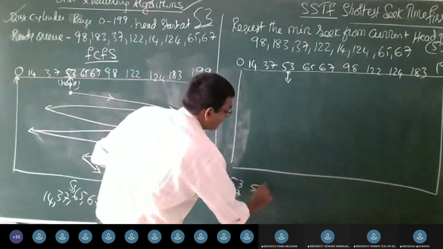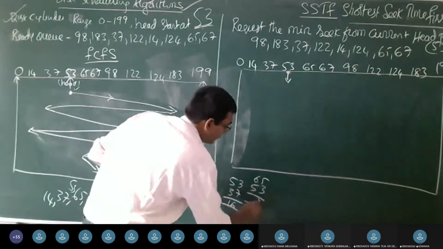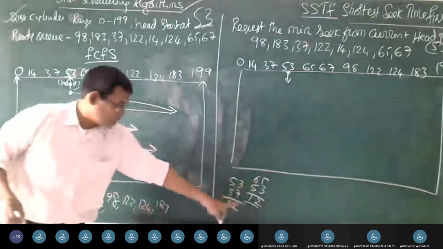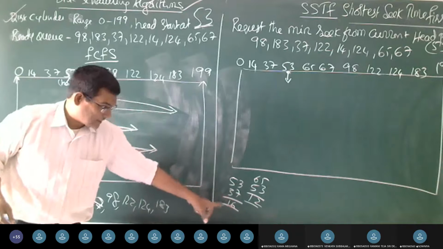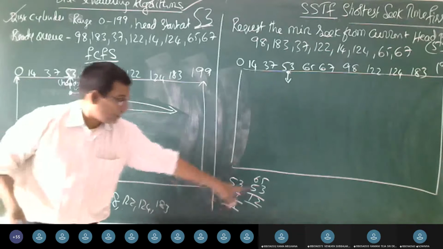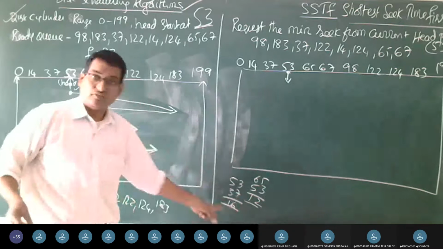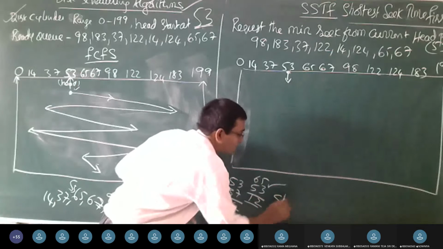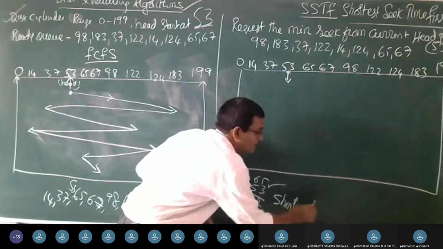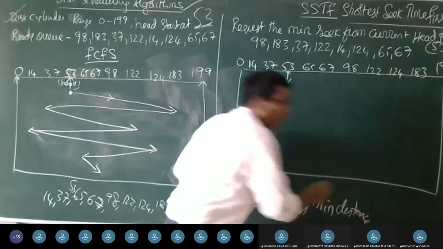Next, 65 minus 53, I am going to have the difference as 12. So in this way, the shortest item is the minimum distance from the current item.